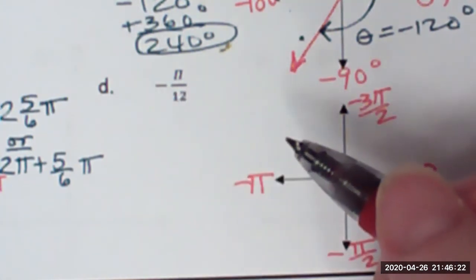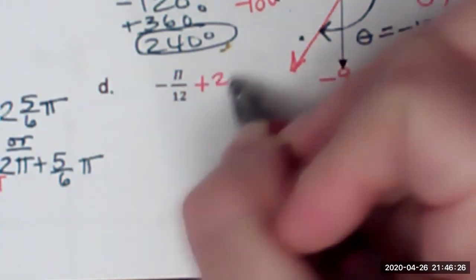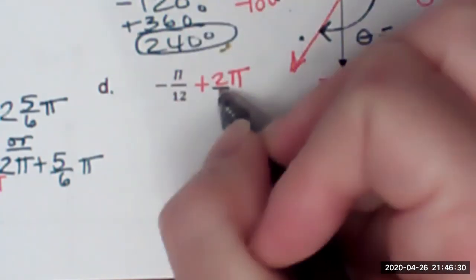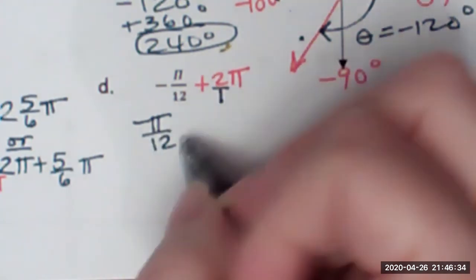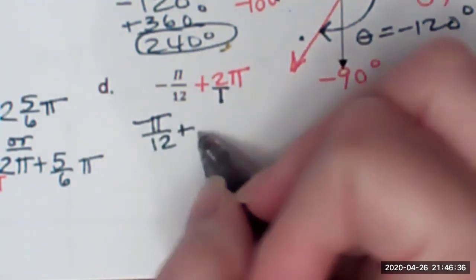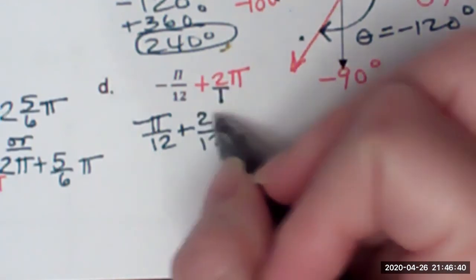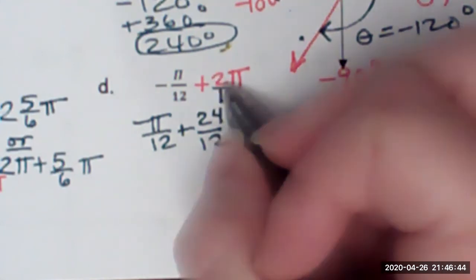So we can add and subtract 2 pi. If we add 2 pi, remember you can write that as 2 over 1. So you've got negative pi over 12. Now in terms of twelfths here, 1 times 12 is 12, 2 times 12 is 24, because the LCD here is 12. 24 twelfths is 2.